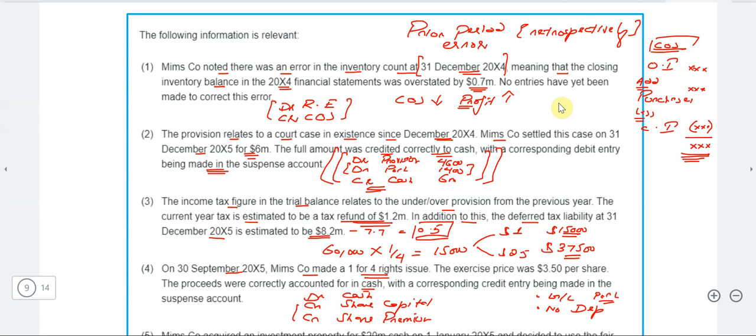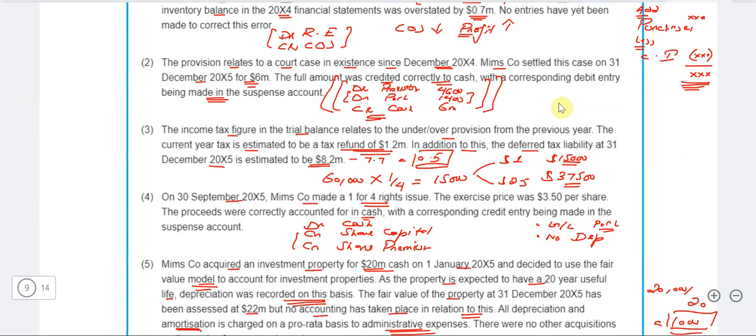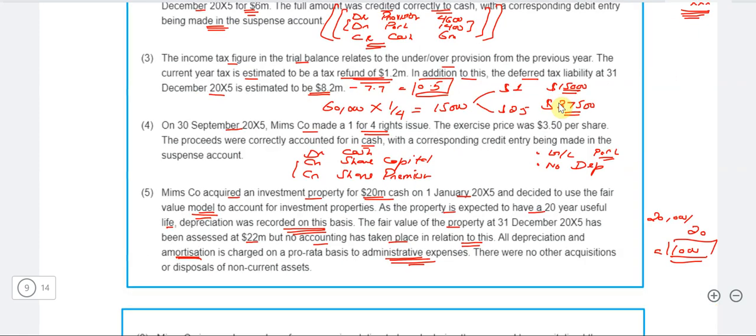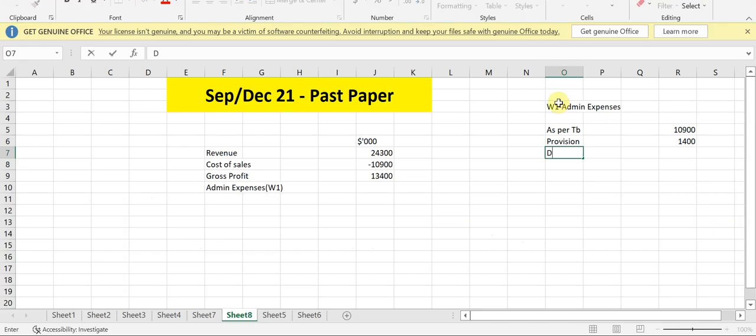Then there was no adjustment relevant to the tax and no adjustment relevant to the rights issue, and then yes, there was a depreciation adjustment, depreciation of investment property.